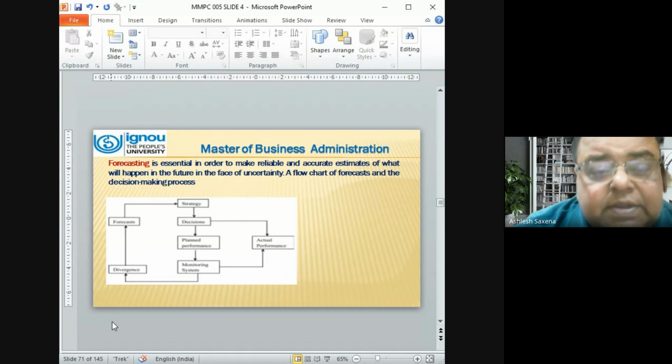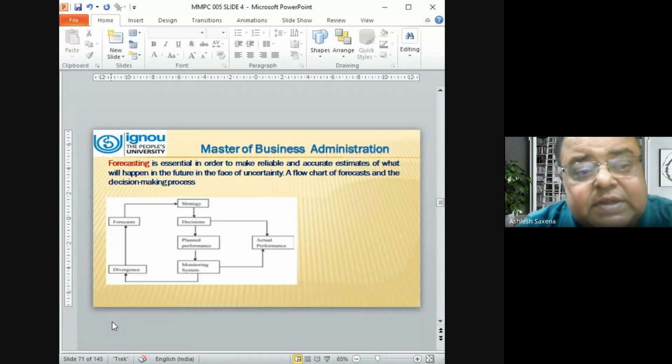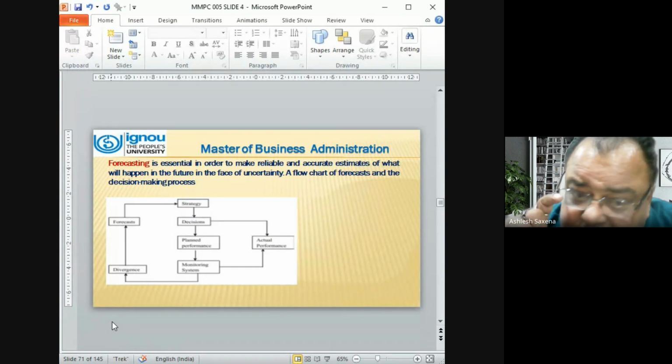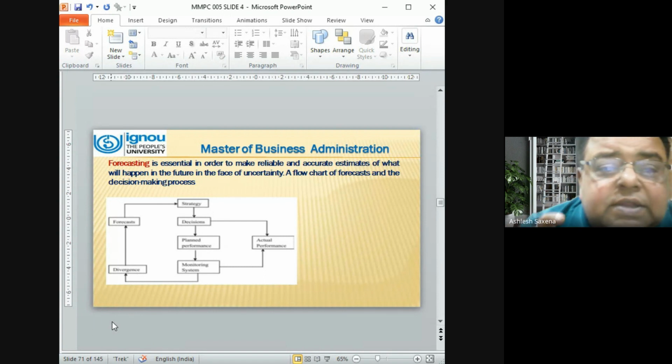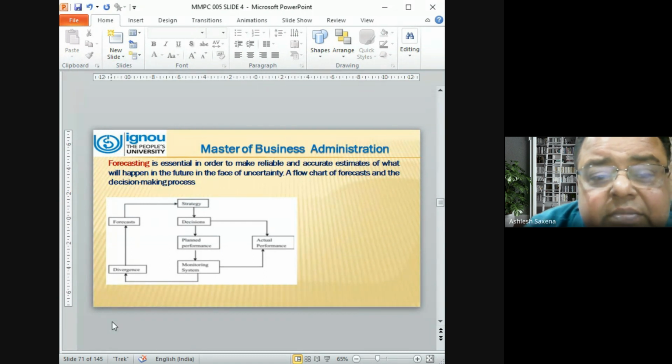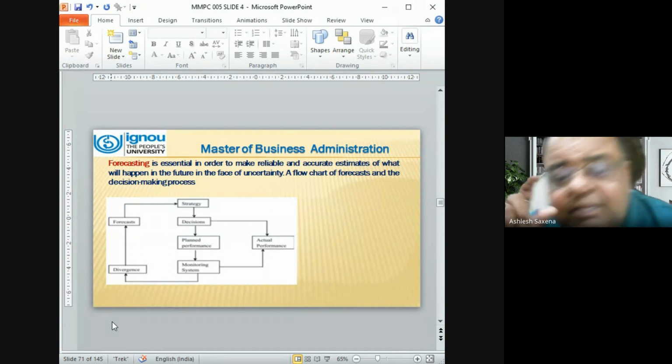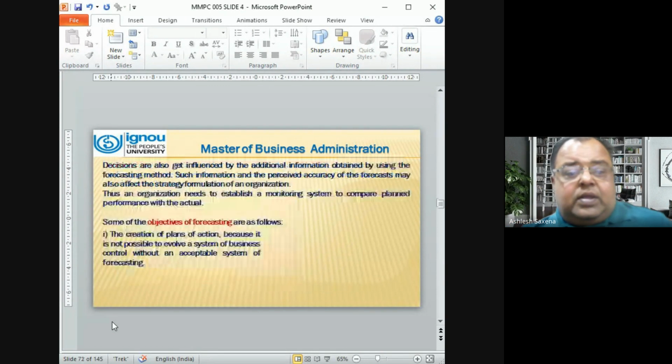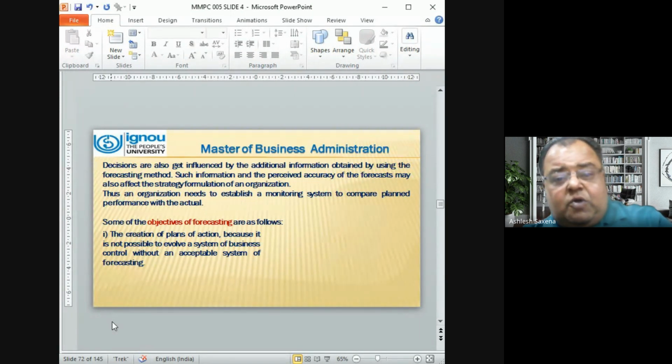We make strategies. On strategies, we make decisions. Then we have planned performance, monitoring system, again, divergence, forecasts. But these two parts, that is, decisions and monitoring system, give the actual performance. Decisions also get influenced by the additional information obtained by using the forecasting methods.